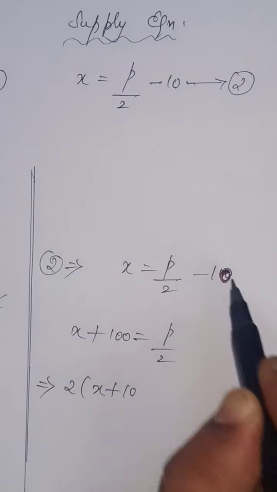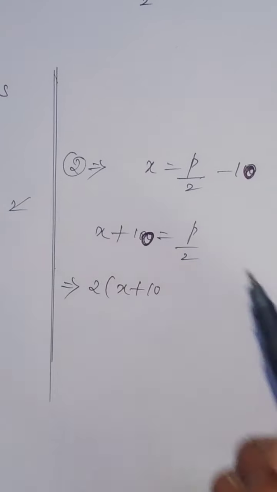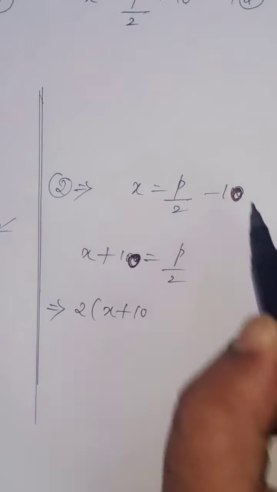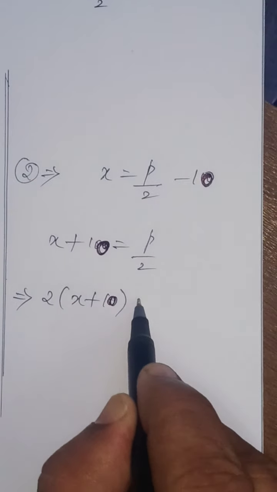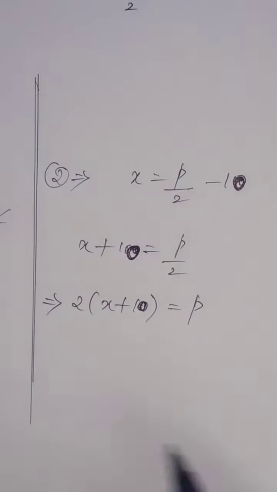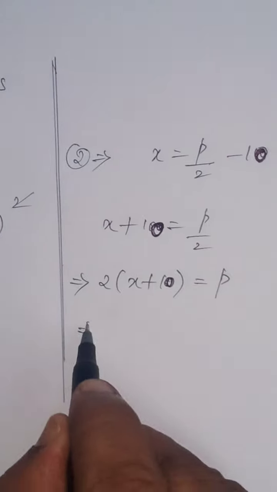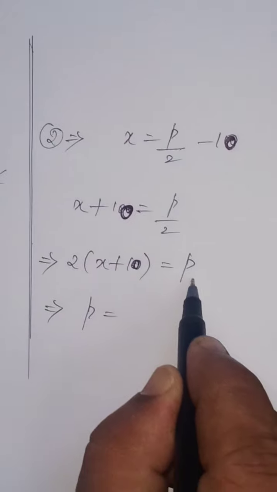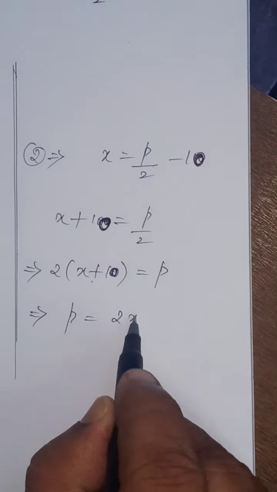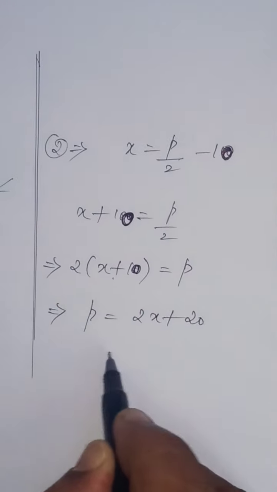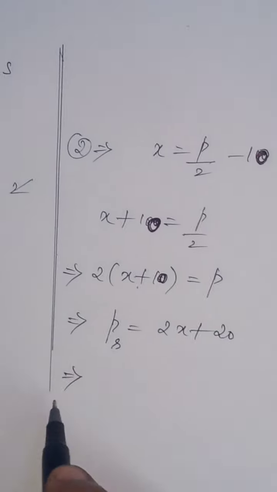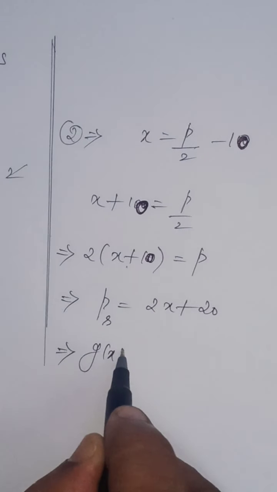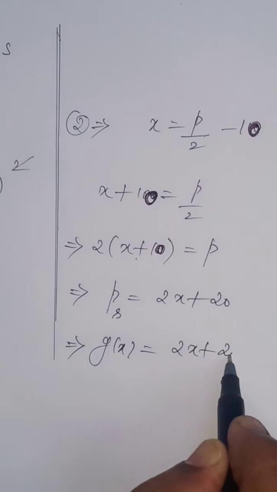Sorry, this is not 100, it is 10. So p equals 2 into x plus 10, that is 2x plus 20. Just note down p. That means the supply function. In general, we consider the supply function as g of x. G of x equals 2x plus 20.